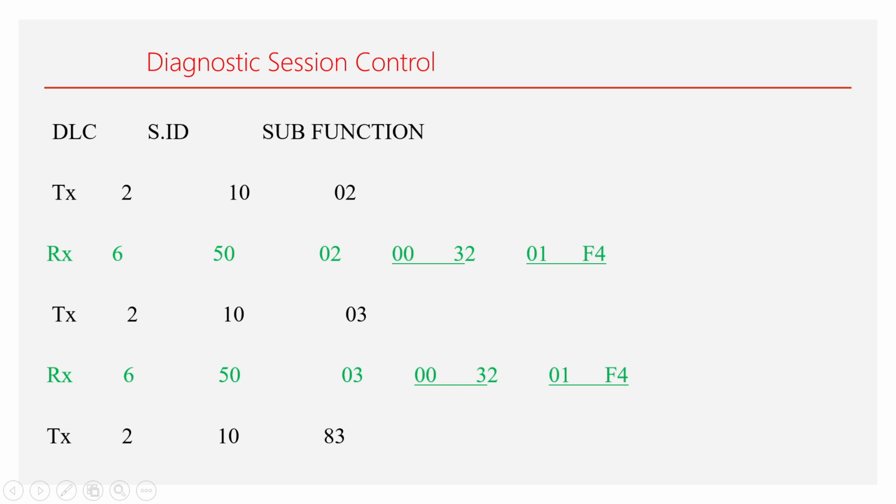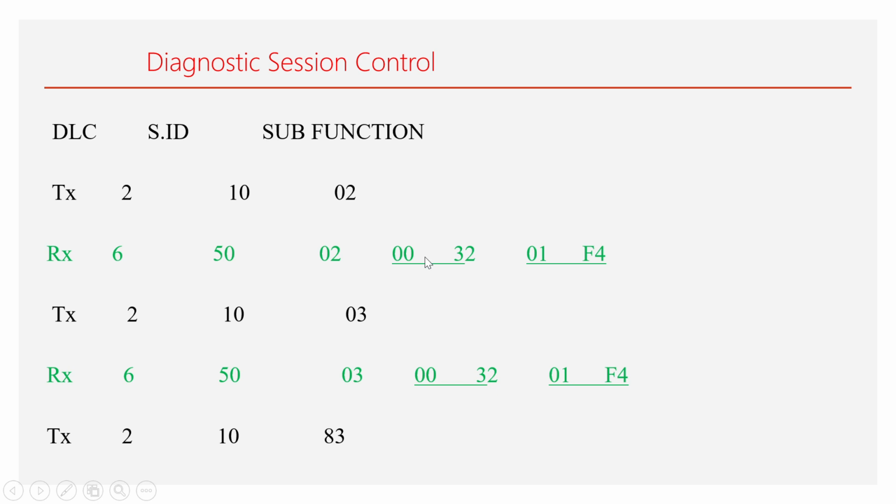Because it is ISO standardized, we add 40 to every service ID, so we get 50. This is the 02 subfunction, and this is the positive response.